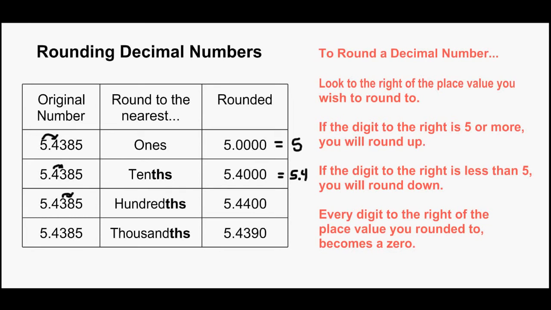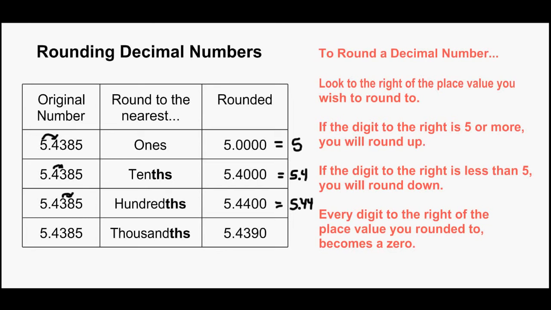Our number will now be 5 and 44/100ths. The 44/100ths can be followed by zeros, or it can simply be written as 5 and 44/100ths. Let's do this one more time.